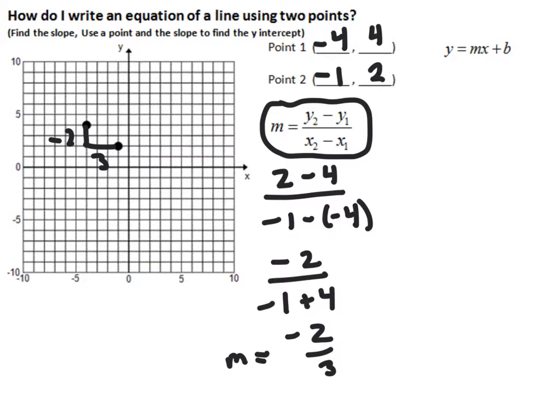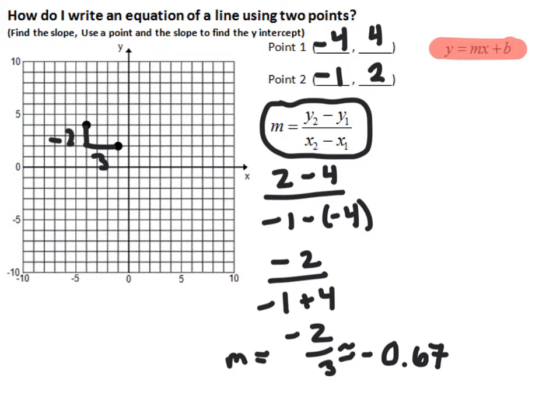Now notice there is no y-intercept, and it doesn't look like it would cross at a nice location. So I'm going to do something here that might help us out. I'm going to turn this into a decimal, which would be -0.67. So let's now try to solve this by plugging the values into our slope-intercept form.